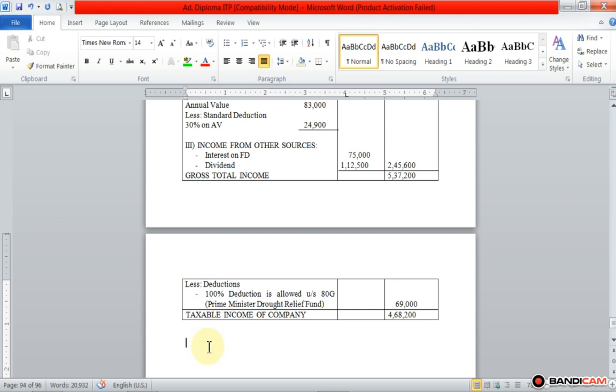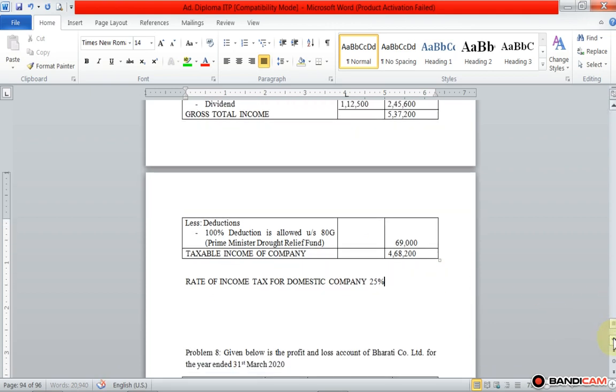So here the rate of income tax for a domestic company is 25%. 25% tax is charged on income of a domestic company. Our ABC company is a domestic company.